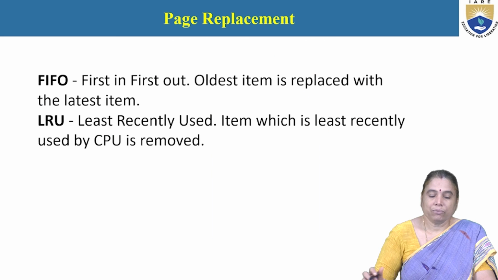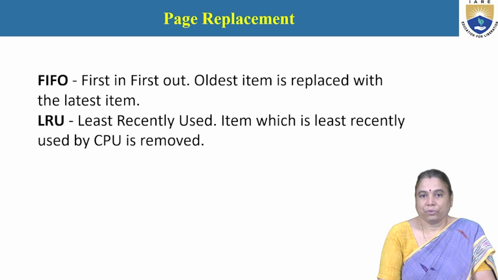In case any pages have to be removed from the cache, replacement algorithms can be used. The popularly used page replacement algorithms are FIFO and LRU. FIFO means first in, first out: the oldest page available in the cache is replaced with the latest item.